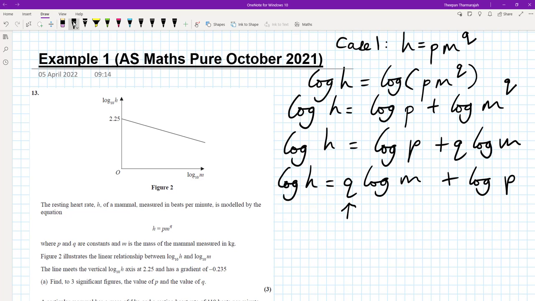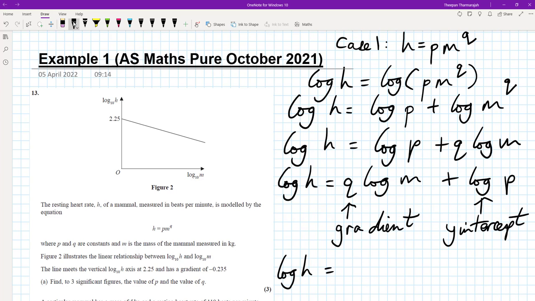So that's going to be the gradient. And with this, log p is the y-intercept, where it cuts the y-axis. So we could write log h equals minus 0.235 log m plus, now log p is where it cuts the y-axis, which is 2.25.